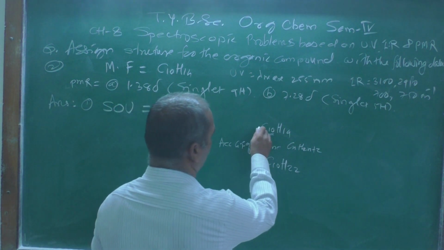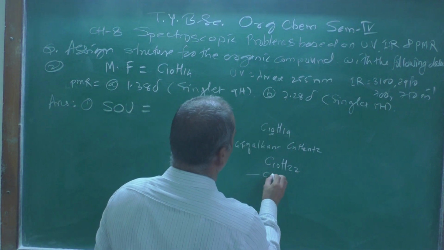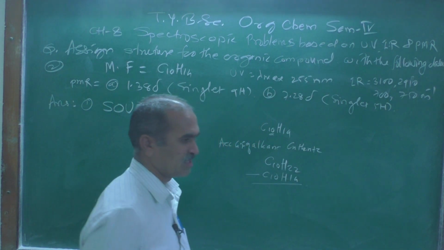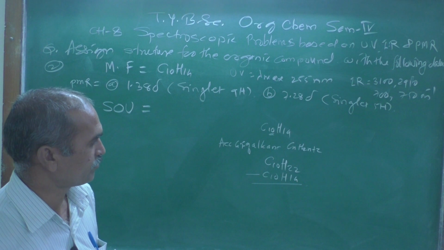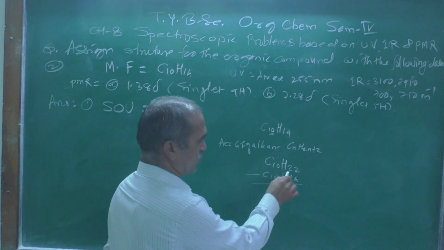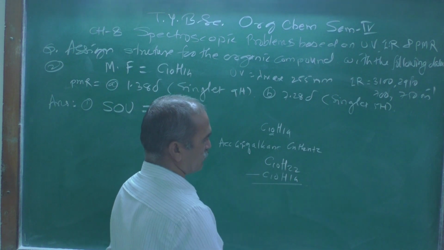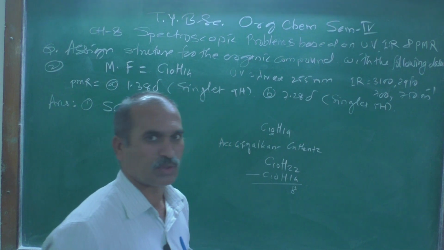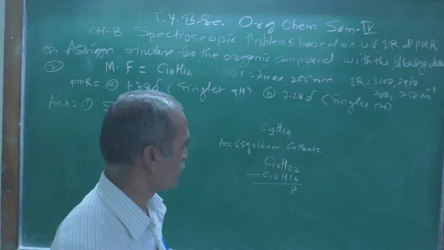But look here, you subtract this figure from here, C10H14. After subtracting the value, C10 gets cancelled, and H22 minus H14 remains 8. 8 is the total number; you have to take an integer number.